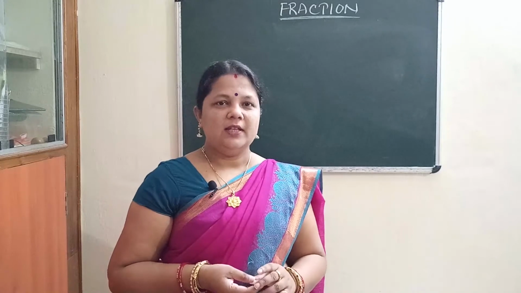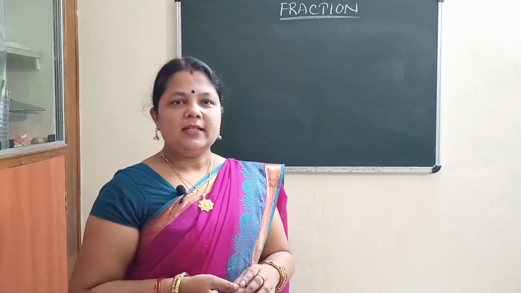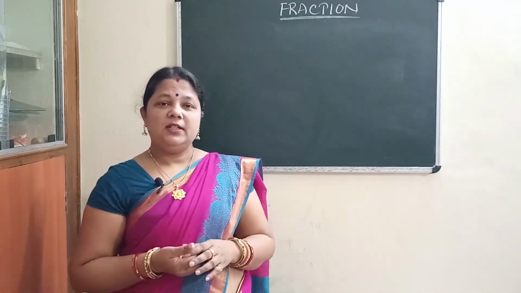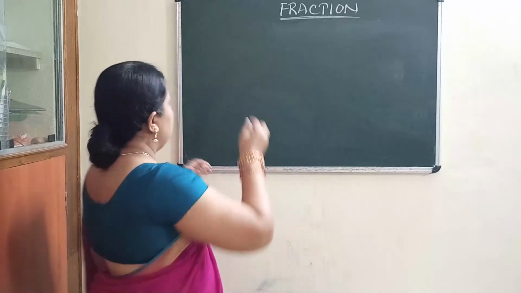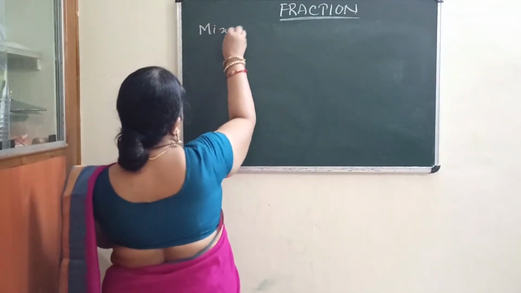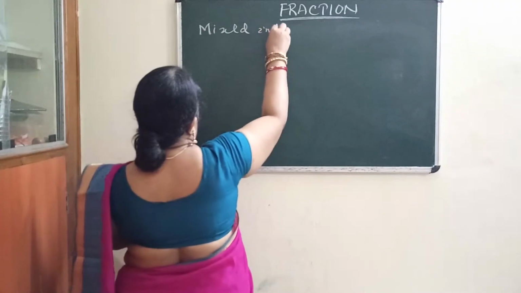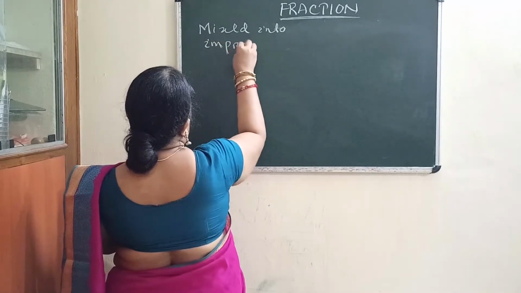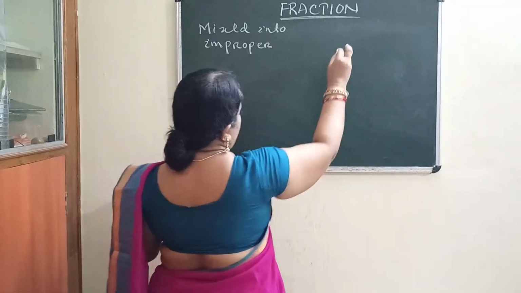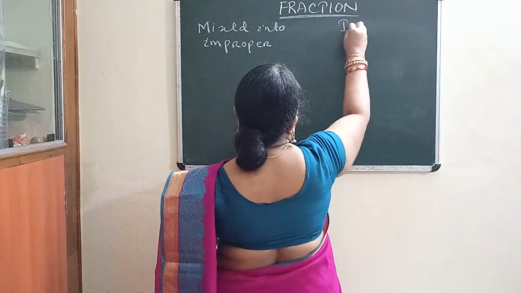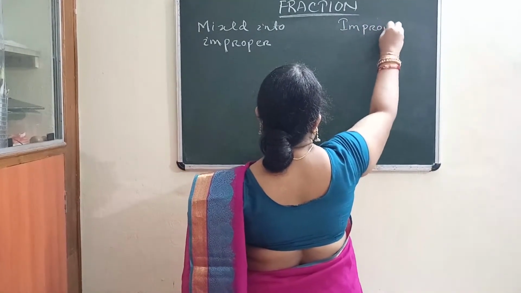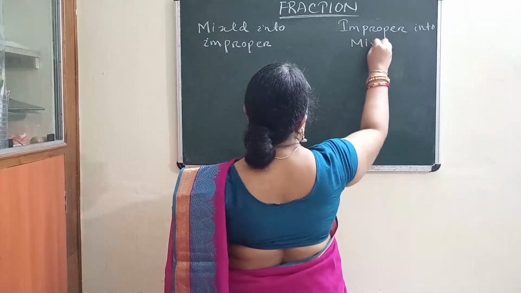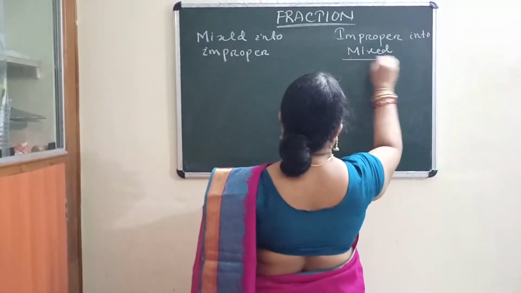So let's continue our class with the topic fraction. Last class we have already discussed what is fraction and how many types of fraction, and now we will discuss the conversion between mixed into improper, and second, conversion improper into mixed.